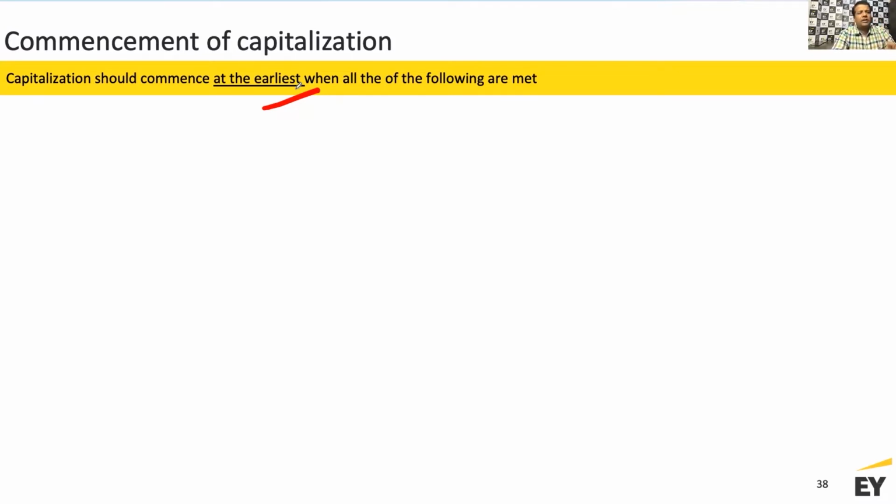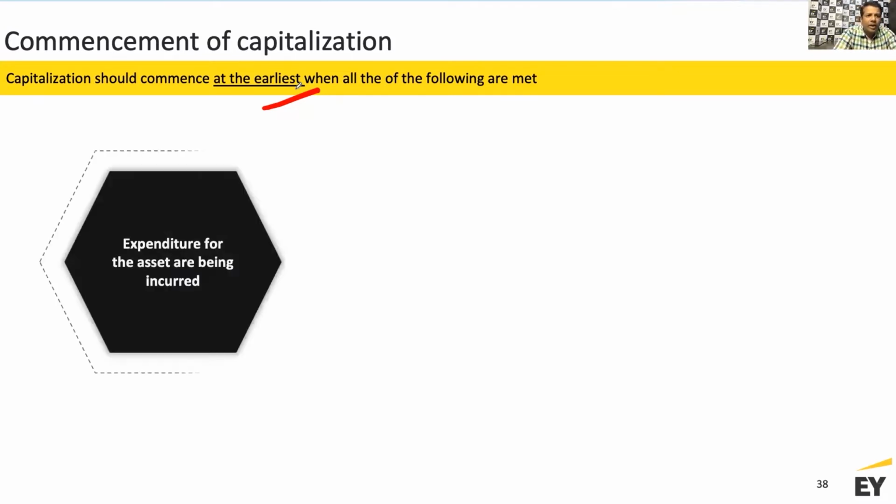So capitalization should commence when you've started incurring the expenditure for the asset, right? So the asset which you are trying to build up. So for example, if I'm doing construction of a factory building, construction of a large plant and machinery, like let's say I'm building a power plant, or a cement plant, or my office building, etc. So whatever asset you are building is what you need to appropriately consider for the purpose of capitalization.